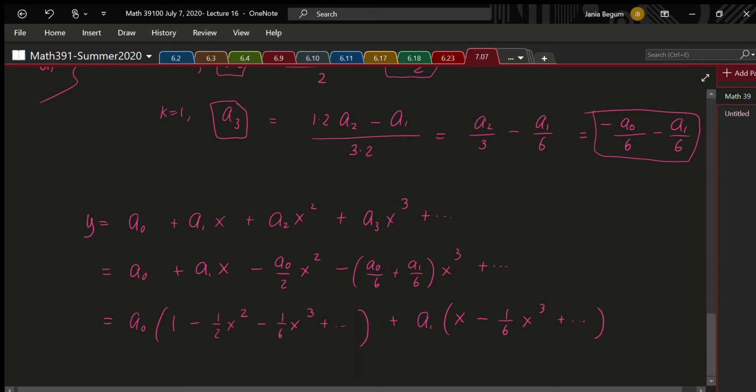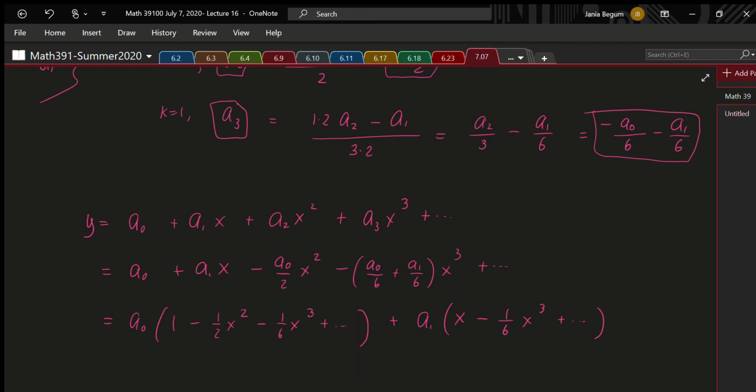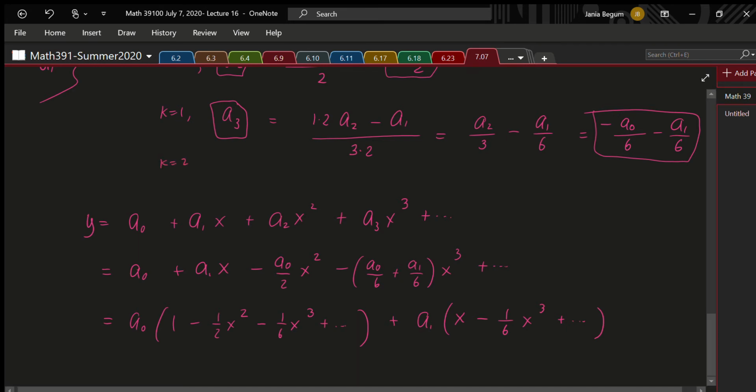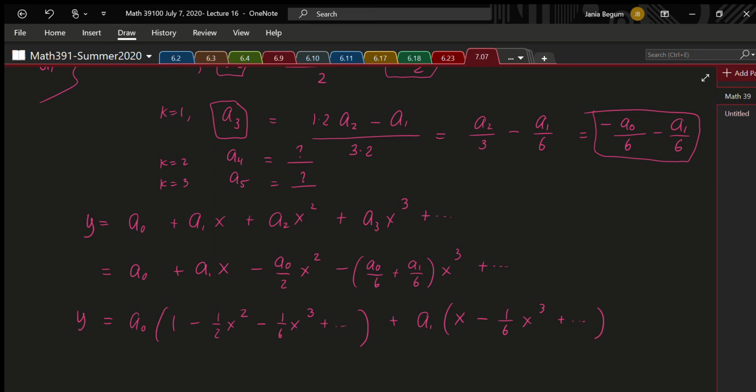Okay, so I'm missing out terms, but the idea is you can get these coefficients just by plugging in maybe k equals 2, you get a sub 4, and then k equals 3, you get a sub 5, and then plug those in to your solution, you will have those terms. But just for the time being, I'm going to stop right here for this question.